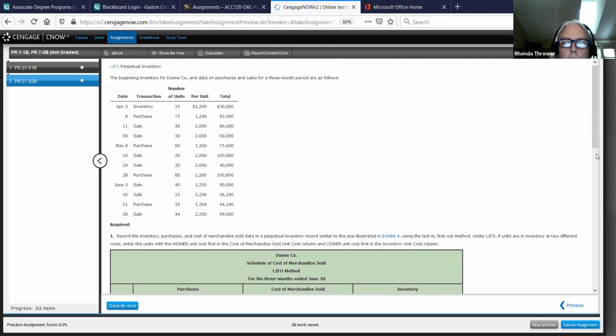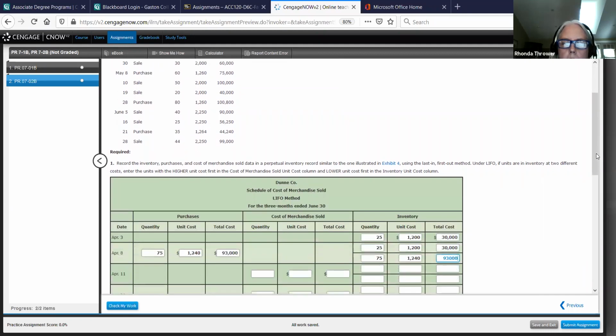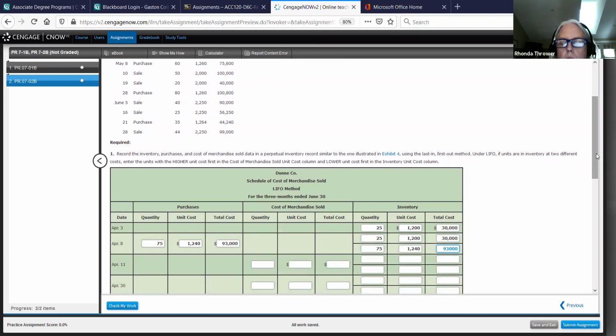When we're doing the perpetual inventory system, you might recall that we're keeping up with our inventory on a continuous basis. So once we made this purchase, we had to add it to our inventory. So now we've got 100 units in ending inventory that we can draw from, but they have separate costs involved with them. So there are separate layers here.